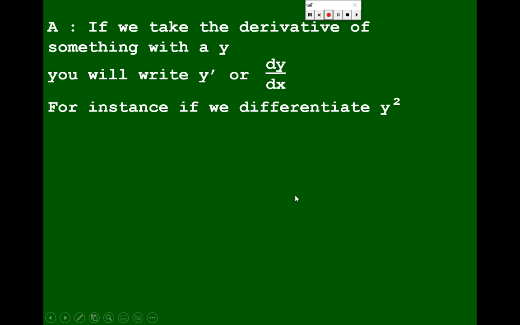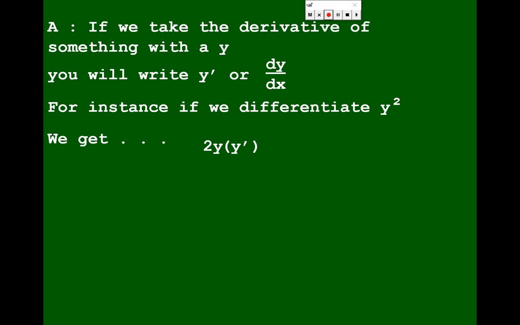Hopefully you paused the video. Did you write 2y? You should have, because that's using the power rule. However, this is a y, so we have to multiply this by the derivative of y with respect to x. Because y depends on x. Y is not just a standalone variable like x. X is an independent variable.